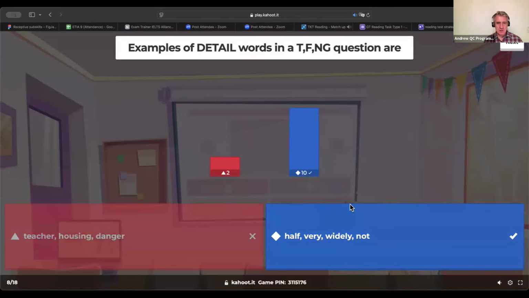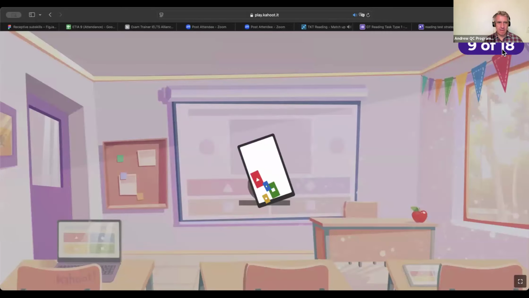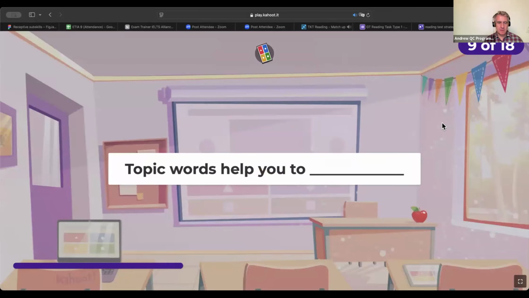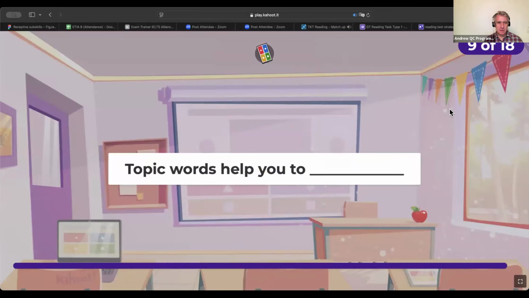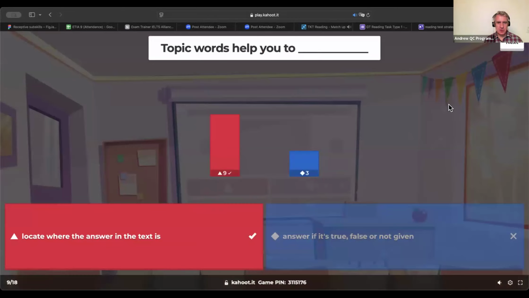Yeah, good. So these are more like quantifying words. Good job. Yeah, locate the answer in the text.